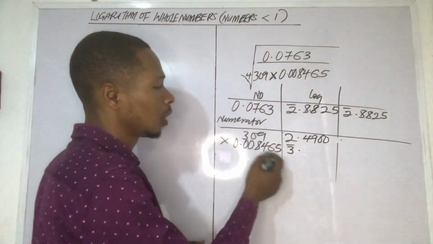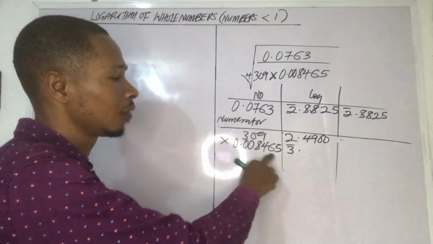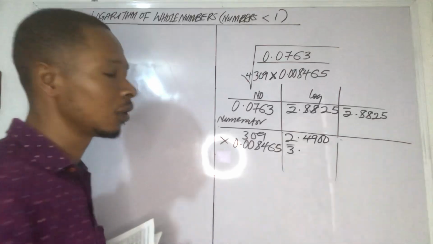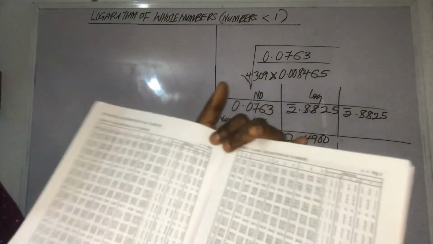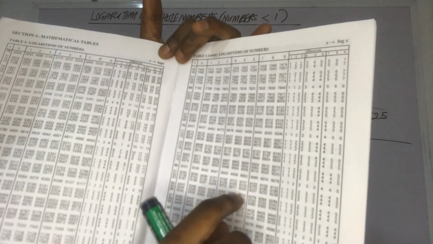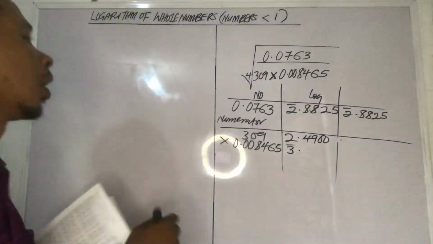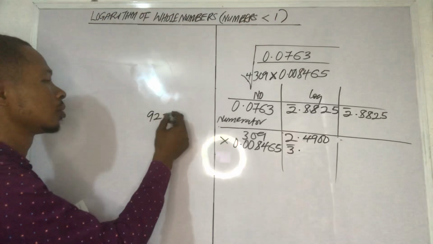-3.123. Then I'll check 84 under 5. There is a difference in this case, difference 5. But first check 84 under 6. This is 84. I'll go to under 6. That's 9274. I'll write that one somewhere first.